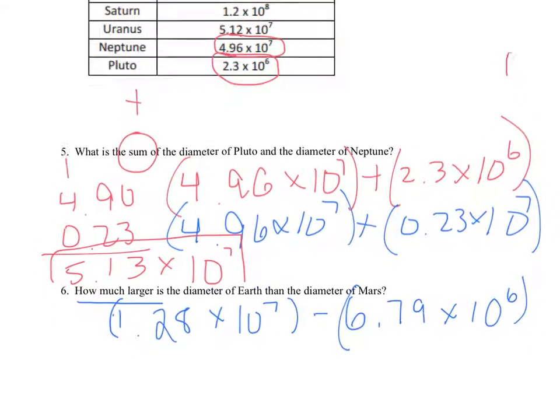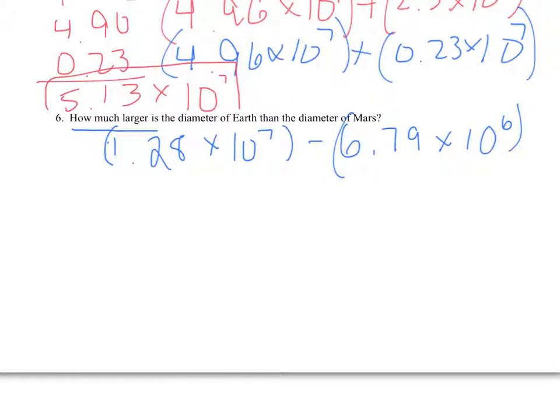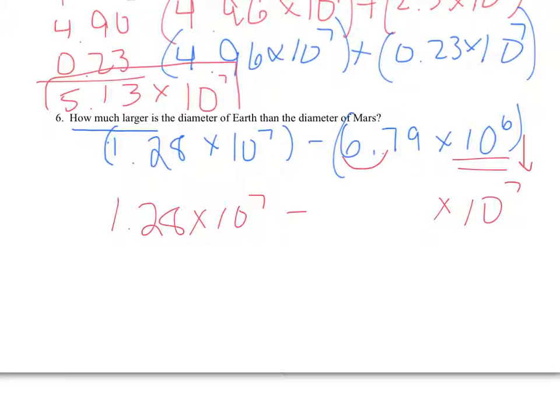Alright, I'm going to keep my larger number, which is 1.28 times 10 to the 7th. Still keeping that subtraction. I want to change this so that it has the same exponent, which is 10 to the 7th. And since I'm going from larger to smaller by one hop, I need to make one hop that way. So now it's going to be 0.679 times 10 to the 7th.